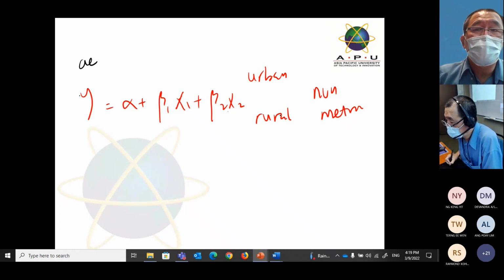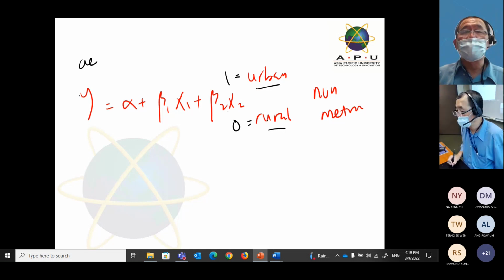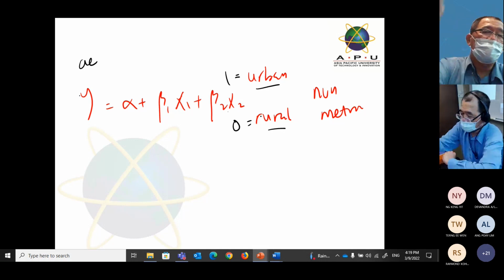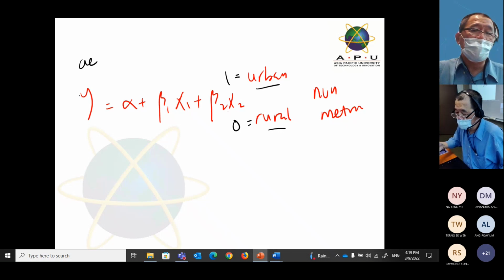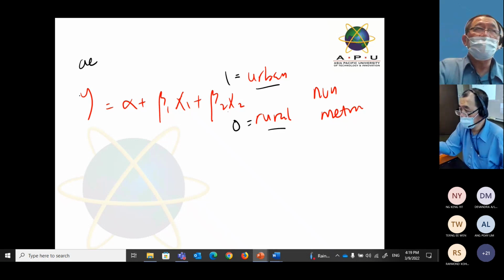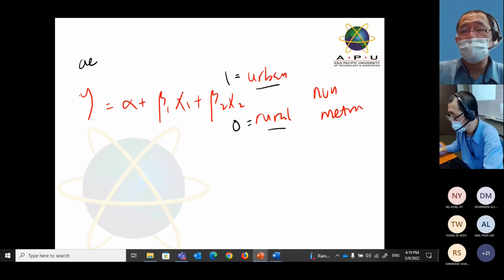But how to handle the urban and rural? We can use 1 for urban and 0 for rural. You will see more detail later. Means we can adjust the equation a little bit. We still can handle it if the independent is non-metric.